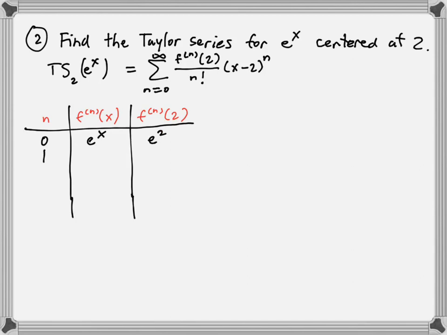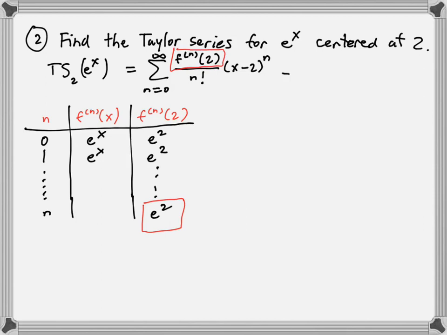Now for n equals 1, that means we take a derivative. This becomes e to the x, and then we get e squared again. And you notice this is going to keep happening. Every derivative of e to the x never changes, so if we go to the nth space, we know that we're going to get e squared for that one. And so e squared right here becomes our numerator of this fraction.